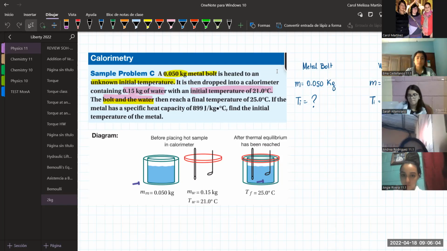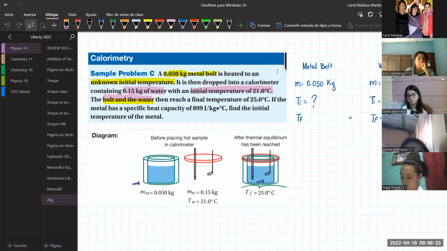They are combined now, and they both reach a final temperature of 25 degrees Celsius. What does it mean? That the temperature is the same in both, and it's always going to be like that.